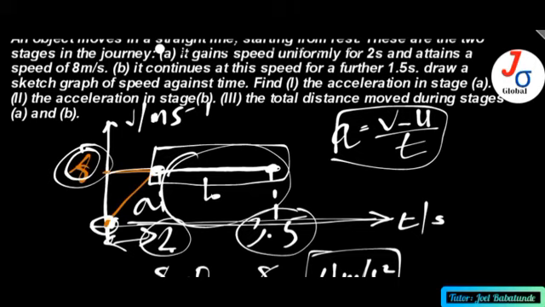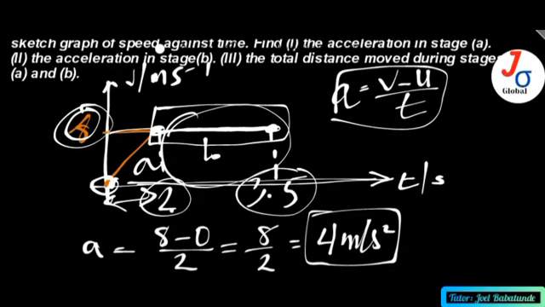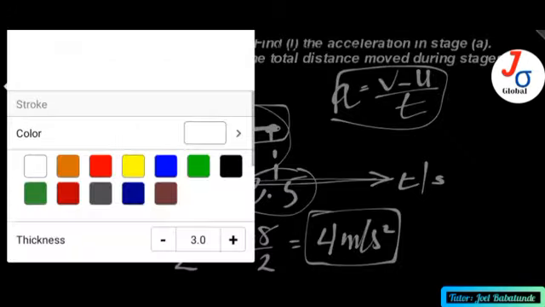And then the third question asks for the total distance moved during stages A and B. So what's the total distance traveled? As you can see, what kind of shape is this? What is the area under this curve?